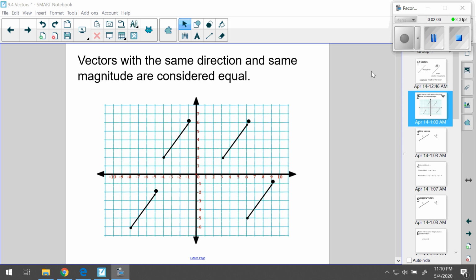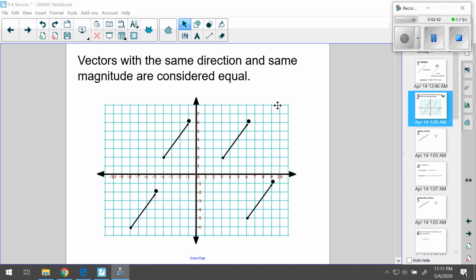One thing that's unique about vectors is that we consider all vectors with the same direction and the same magnitude to be equal. We might look at all these and say, well, these are different lines. They may have the same slopes, but they start in different places, so they have different y-intercepts. That might be true for lines, but for vectors these are all considered the same, because the two distinguishing parts of a vector are the direction and the length.